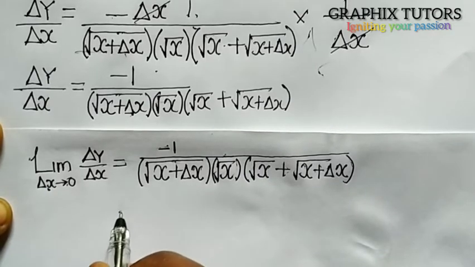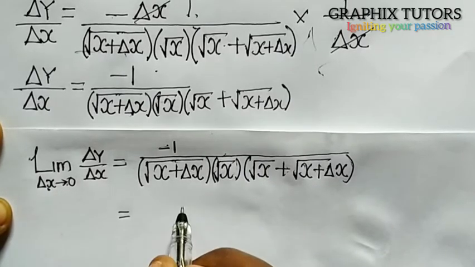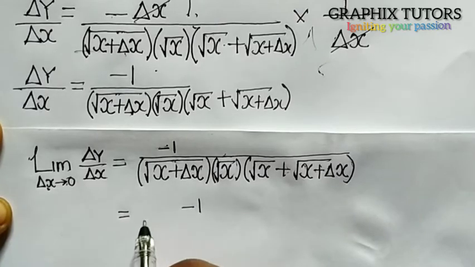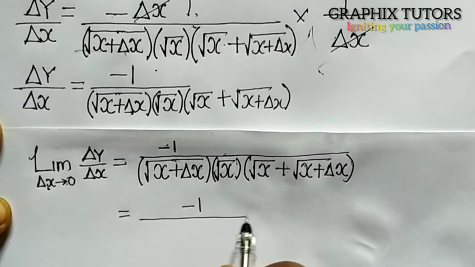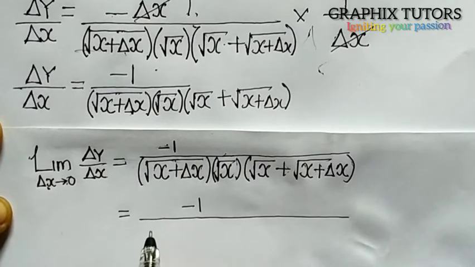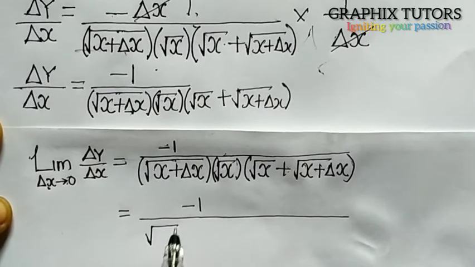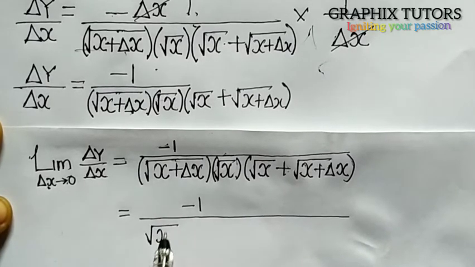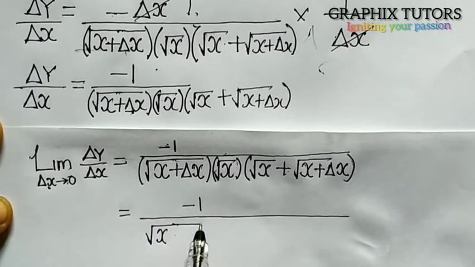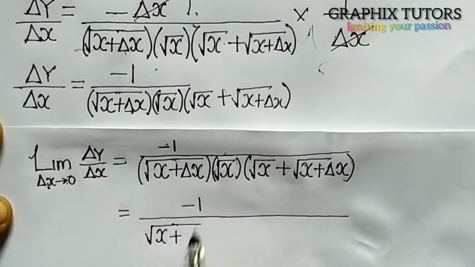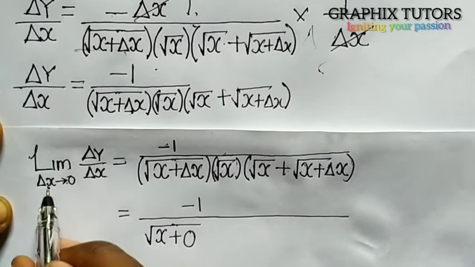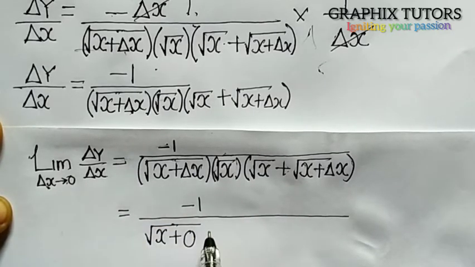So this will give me minus 1 all over, the root of x, right, plus delta x, I'm going to put 0, because delta x tends to 0.